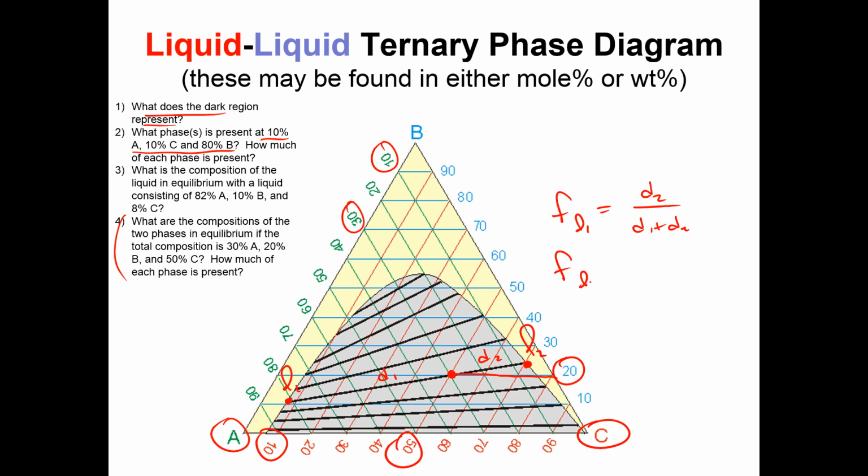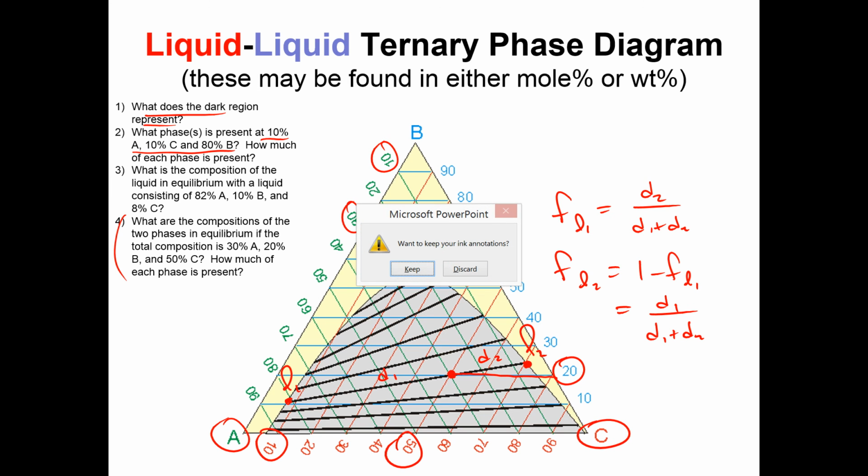And my fraction of liquid 2 is just going to be 1 minus the fraction of liquid 1, or I could do distance 1 over distance 1 plus distance 2. That tells me the fraction of the two phases present for those two liquid mixtures.